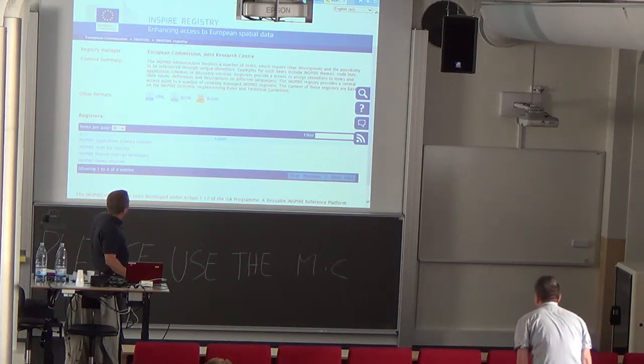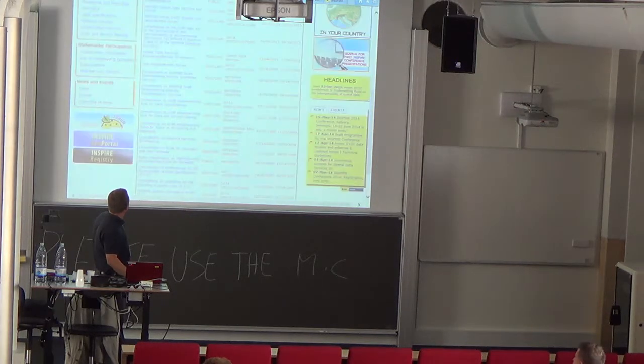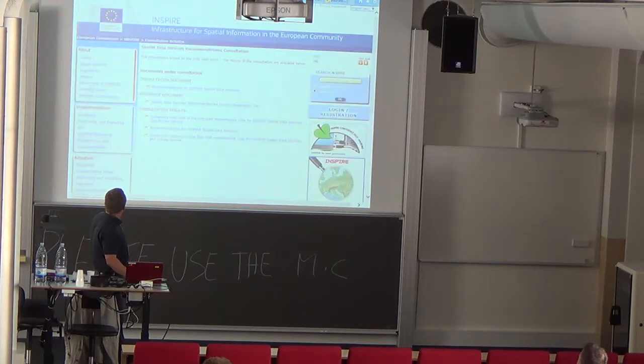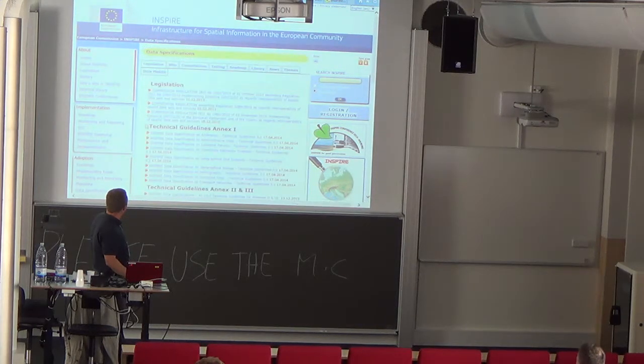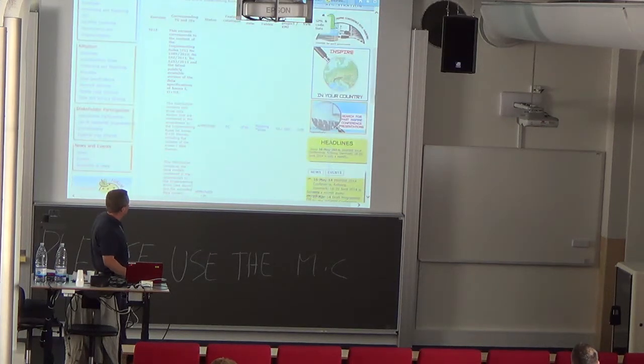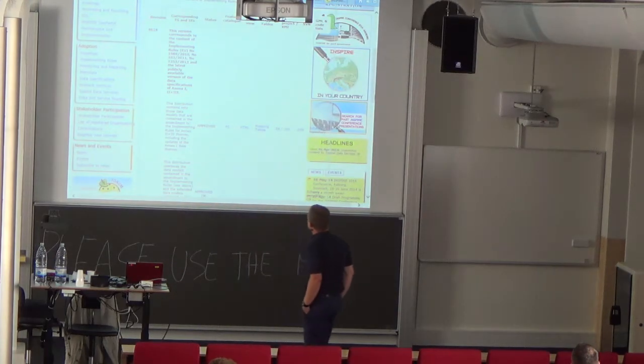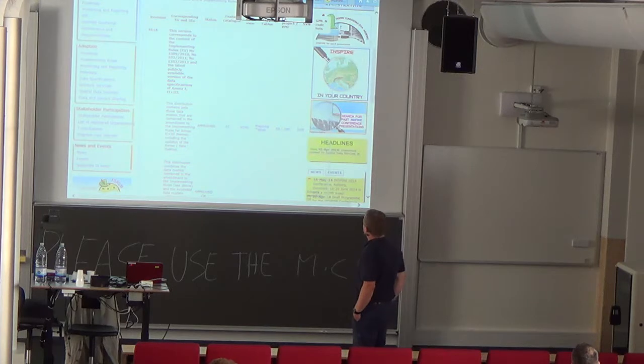Yeah, okay, maybe I should go back to the Inspire website. For you, we will probably speak about data specifications. You can go also through the Inspire registry, but data models for all the data themes are available in different formats, so you can use it as a feature catalog, HTML view.